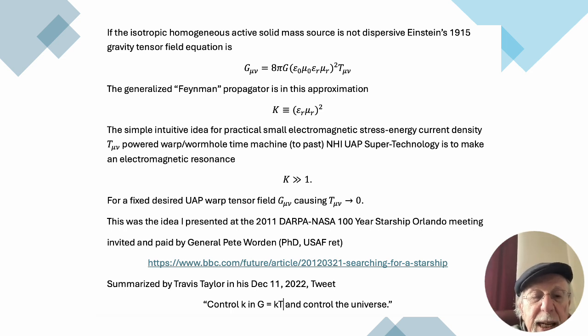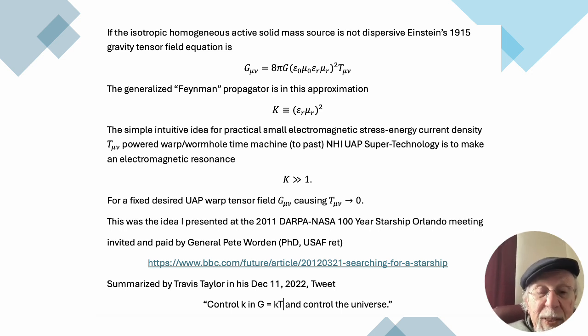This was the idea I presented in the 2011 DARPA NASA 100-year Starship Orlando meeting, where I was invited and paid by General Pete Worden, who had been in the United States Air Force Space Command. He was a PhD in astrophysics, and he took over NASA Ames.